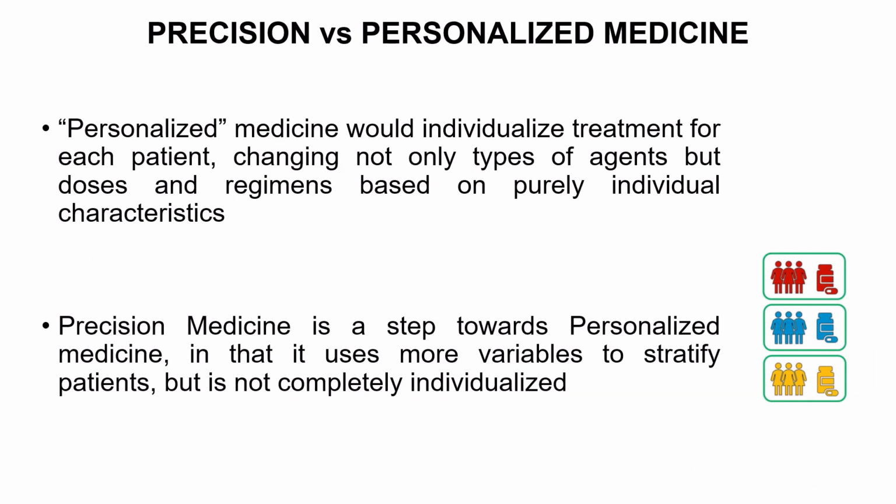Furthermore, precision medicine aims to identify patient subgroups that are homogeneous in terms of biological features, risk of progression, and response to therapy, to achieve the goal of personalized medicine, one patient, one drug.